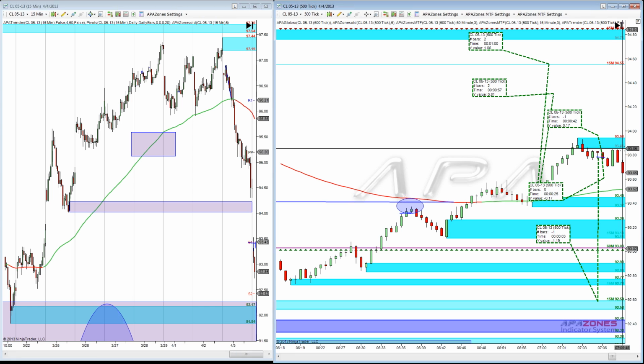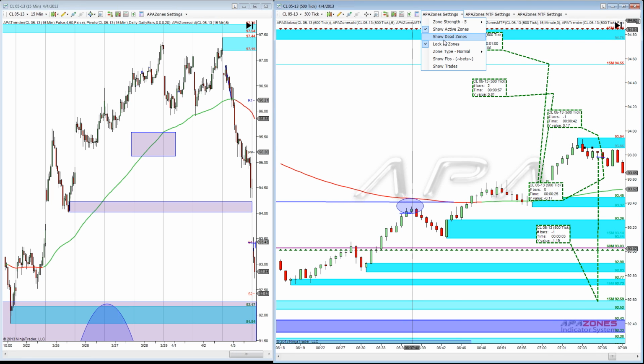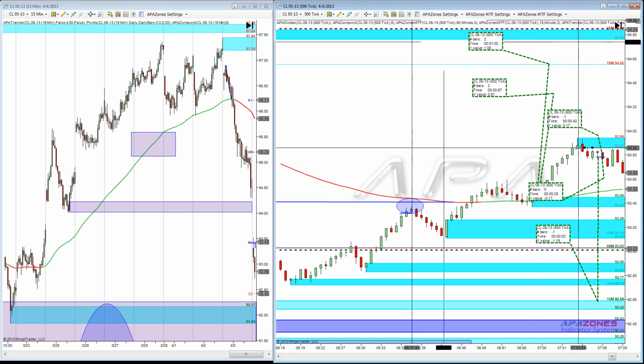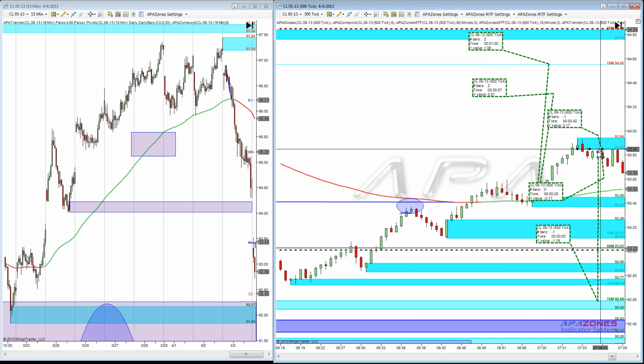A really good retest of this bar, or of the zone. Maybe it's a little high. You could easily call that a bounce, and if you want to take the zone and modify that down a little bit, you can definitely do so.